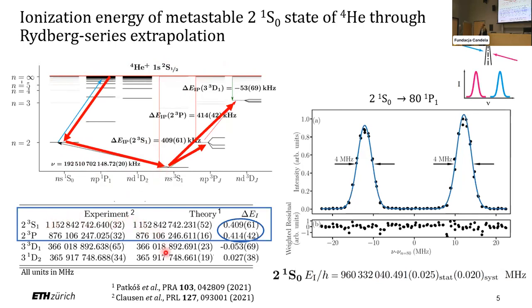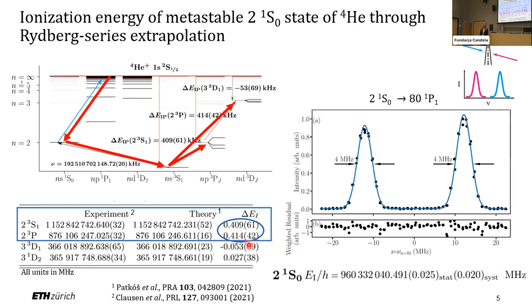As was mentioned before, we could then directly compare ionization energies instead of transition frequencies between the triplet 2s and 2p states with the theory, and also between the triplet 3D and singlet 3D states. And as was mentioned, there was a large discrepancy found of almost 400 kilohertz between the triplet 2s and 2p states between experiment and theory. However, there was a good agreement for the ionization energies of the 3D states.